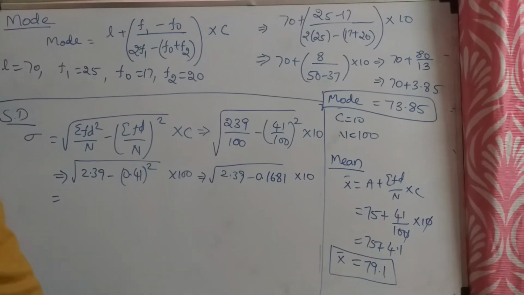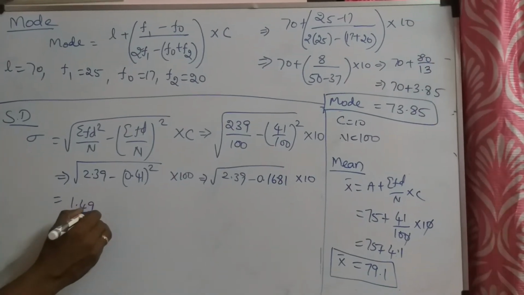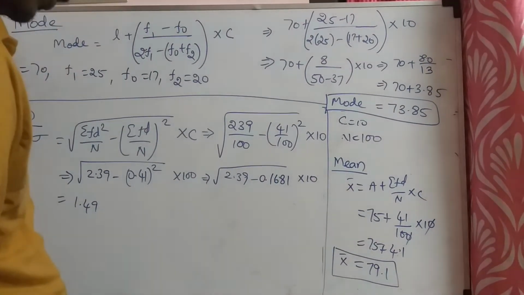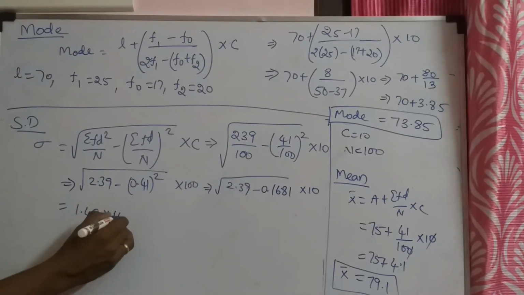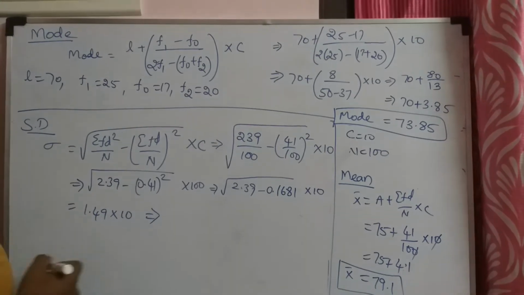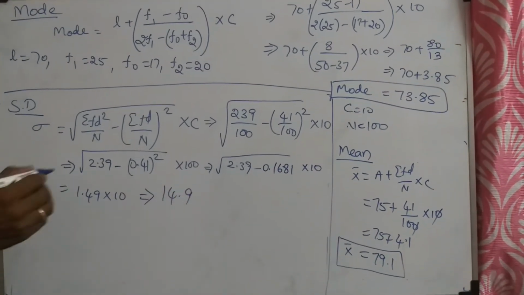The square root of that is 1.49, into 10. This is nothing but 14.9. So this is the standard deviation.